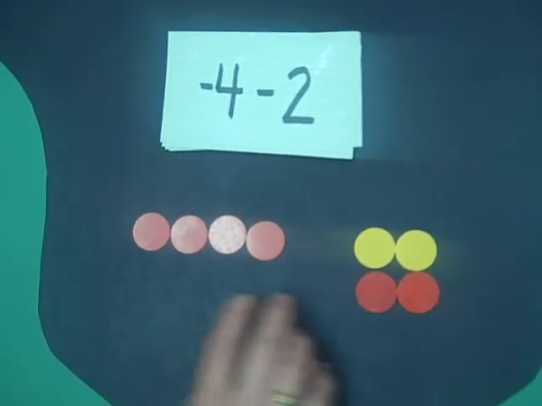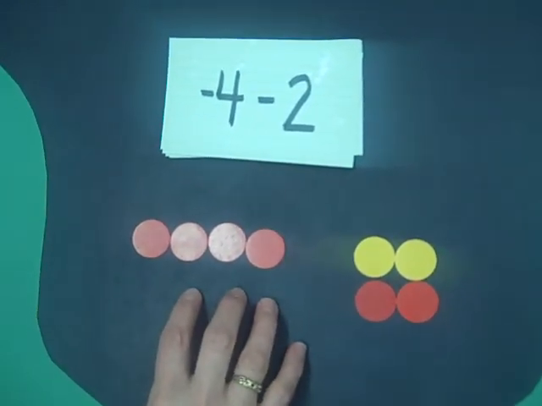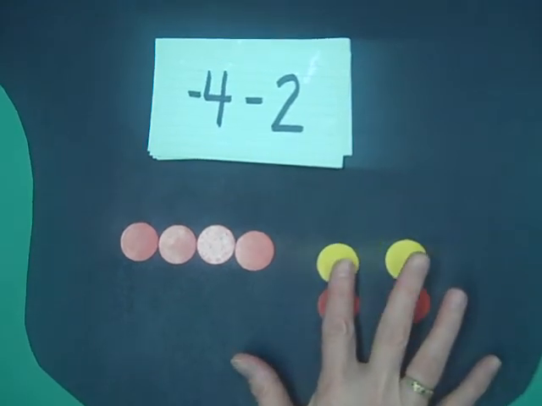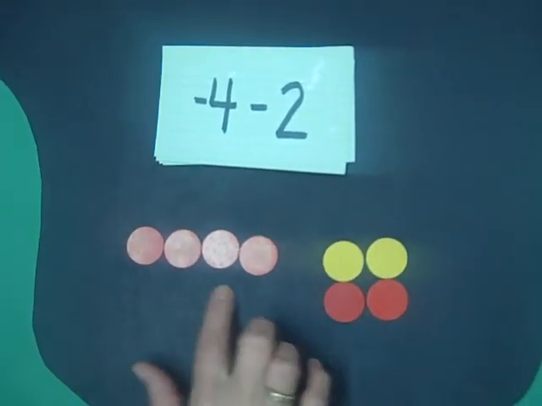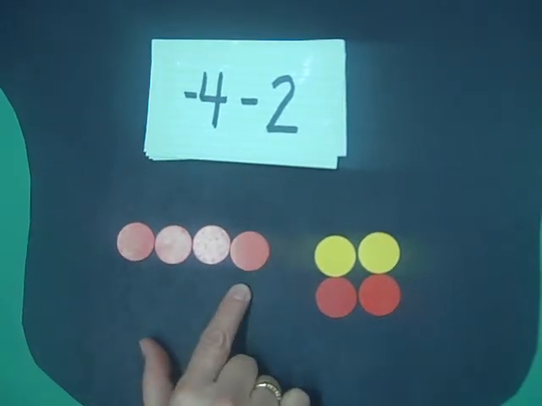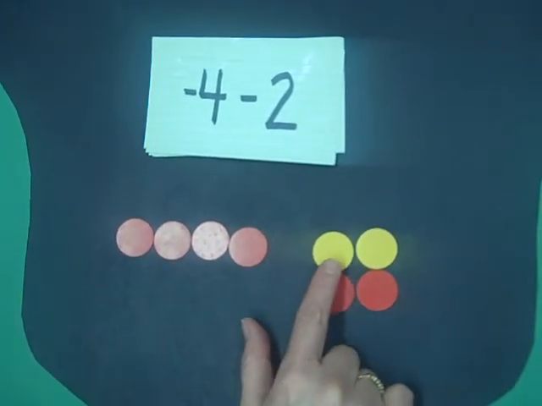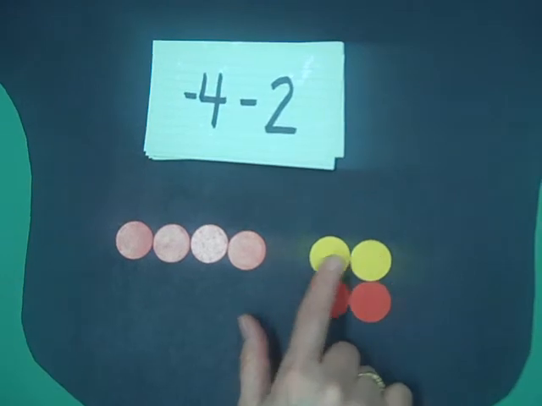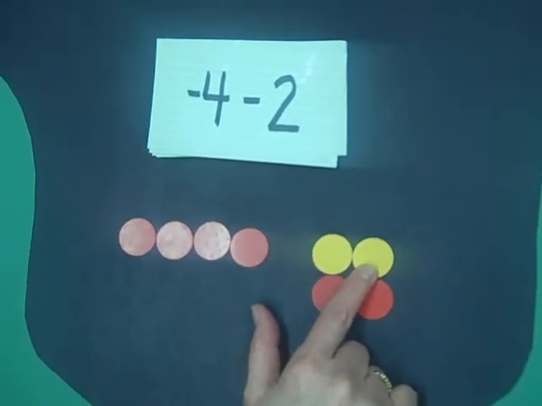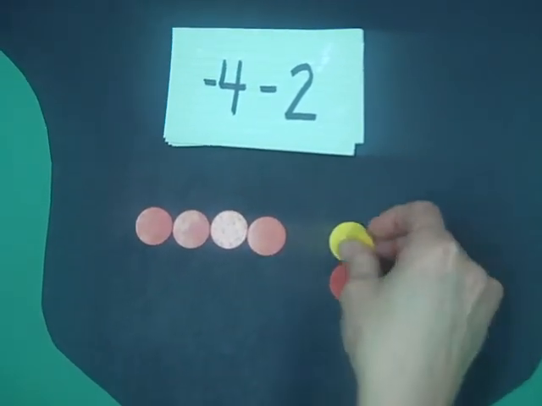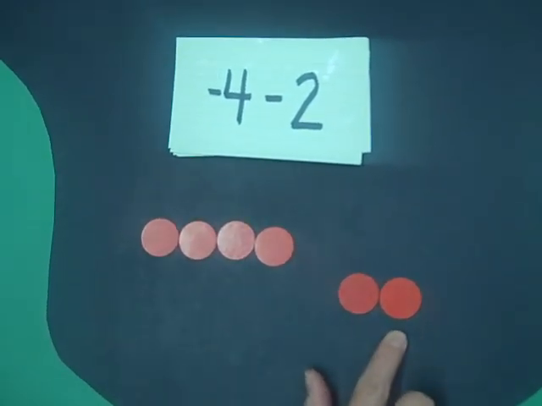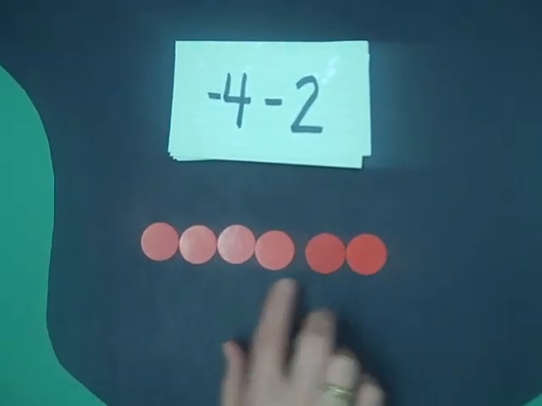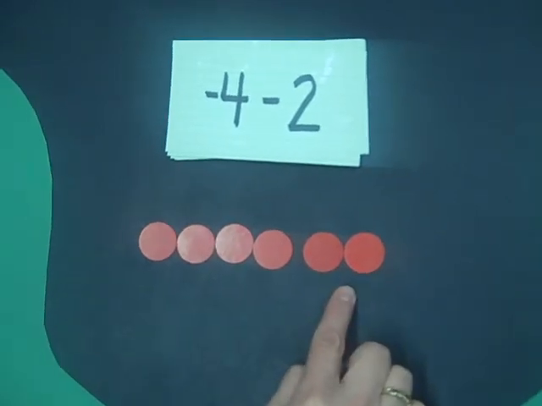Now, have I still left this as minus 4? If this is a positive and negative, that's going to be 0, and this is going to be 0. I still have minus 4 sitting there. But I also have 2 positives I can take off my board. So if I take these 2 yellows off, what am I left with? Minus 6.